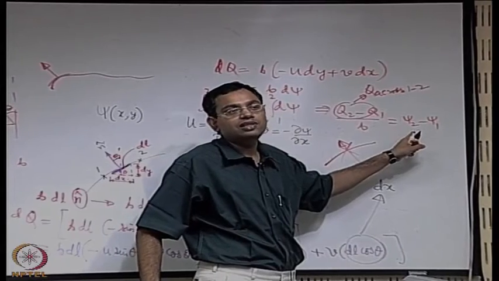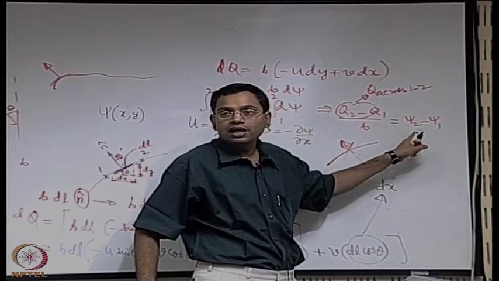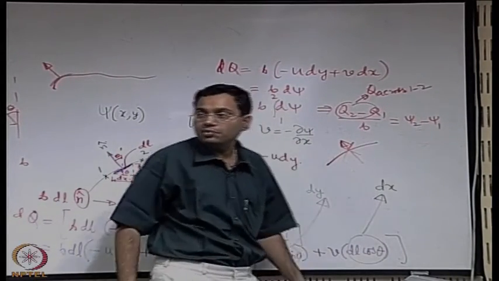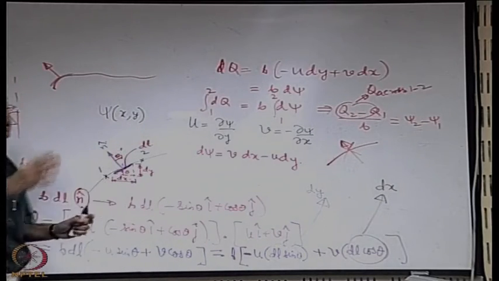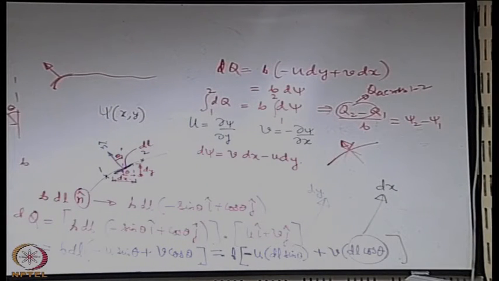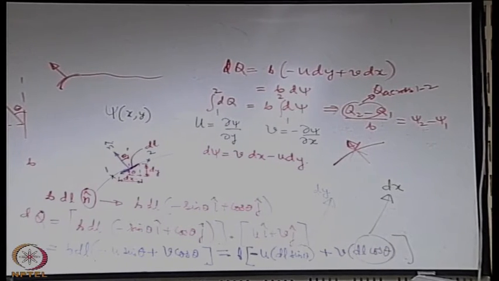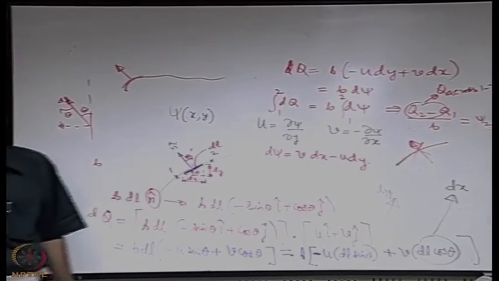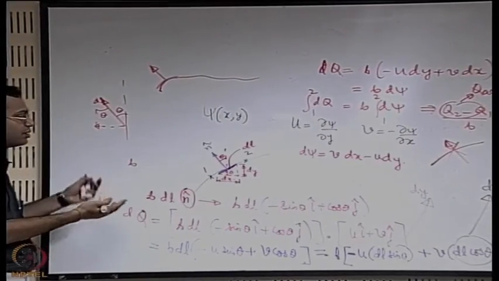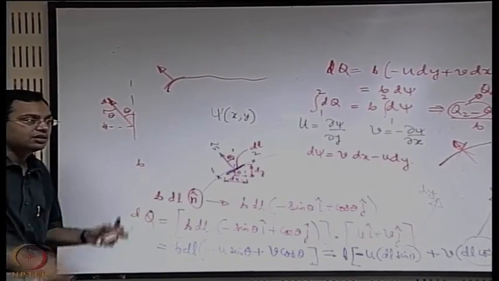So you do not have a change in stream function along a streamline, and therefore no flow across a streamline. So the difference in stream function between 2 points gives a quantitative indication of what is the flow rate across a line element that joins those 2 points per unit width. Per unit width is important because it is just a 2-dimensional concept.